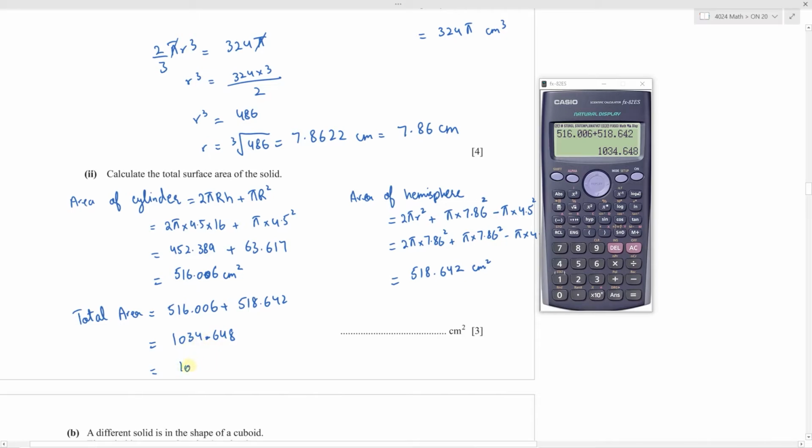So up till three significant figures, your answer will be 1030 centimeter square. So 1030 centimeter square is an acceptable answer. The marking scheme also accepts the answer 1034.6 centimeter square, which is up till one decimal place. So both of them are correct.